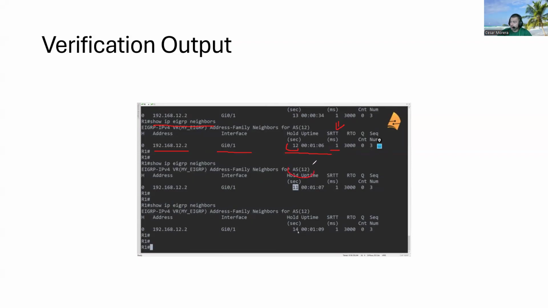You can also see the autonomous system for EIGRP right there in the second one, and the first one, it is always there. And you can see actually that we are working with router one only, looking at the neighbor, which in this example is 192.168.12.2. Let's go ahead and continue moving on.